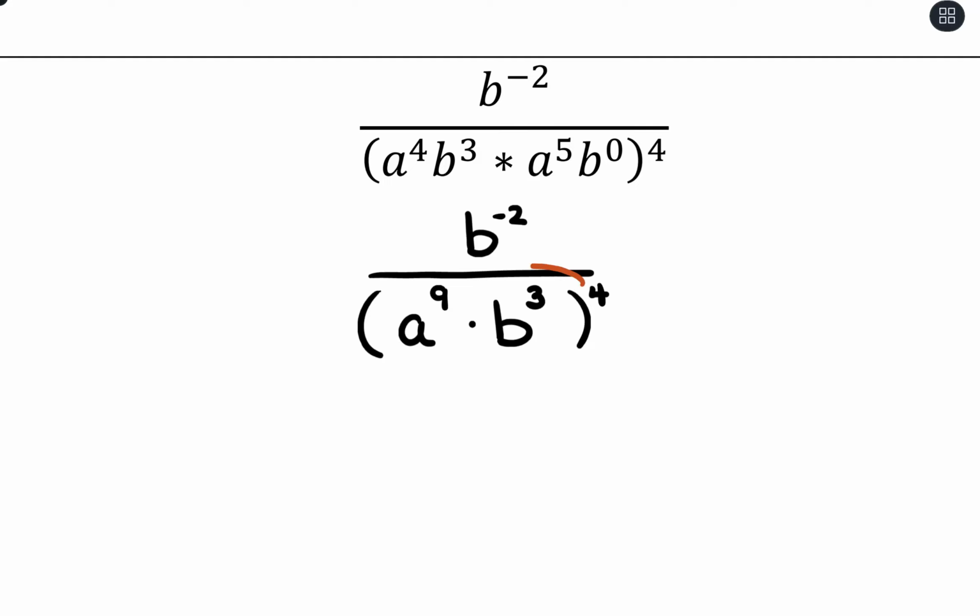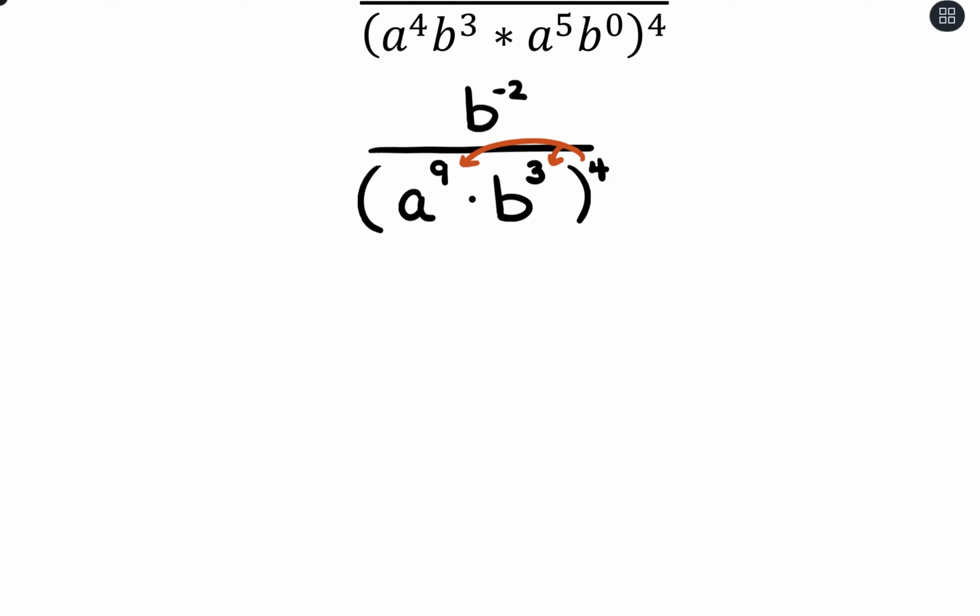And that exponent of 4 is going to go to each of those pieces in the parentheses there. So we have b to the negative 2 over a to the 9th raised to the power of 4. So 9 times 4 is 36. b to the power of 3 raised to a power of 4. Multiplying those, we'll have 3 times 4, which is 12.